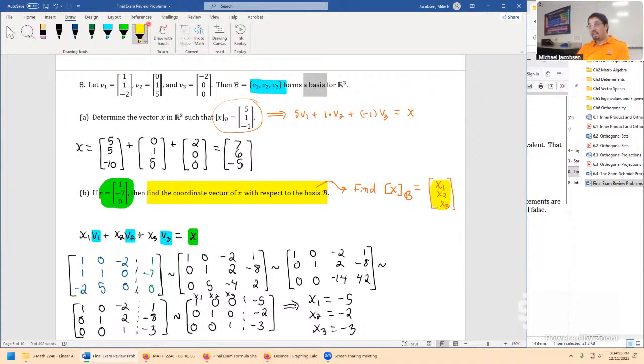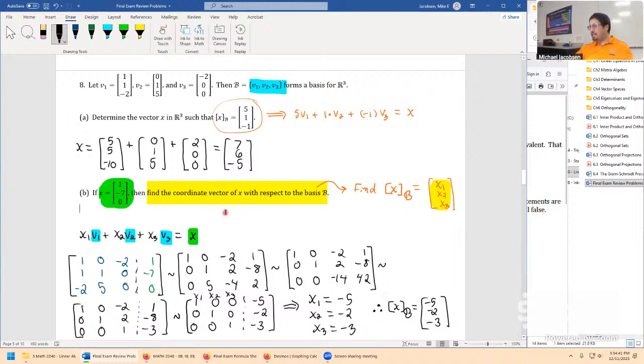That's the coordinate vector. Therefore, the coordinates of this random vector x that was provided, relative to the basis b, that's just asking what the actual values are for the linear combination to make this equation true. And it's these: -5, -2, -3.